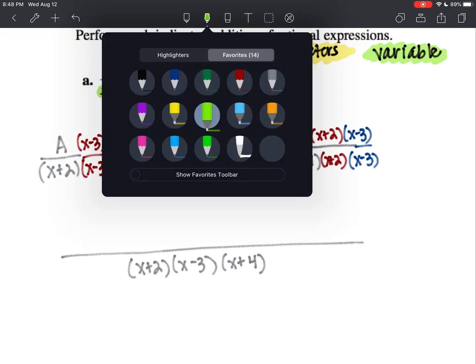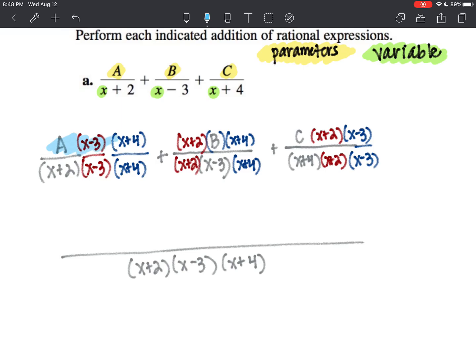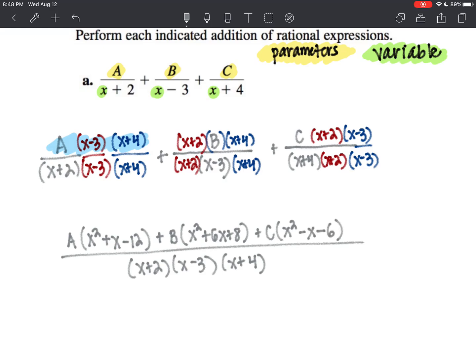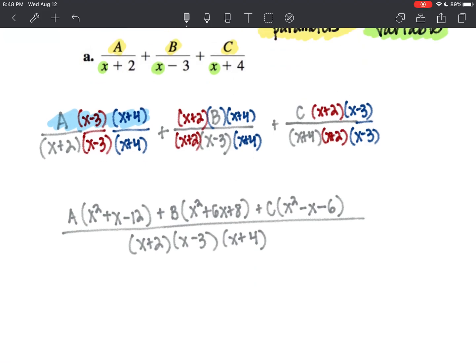I'm going to run out of highlighters here. Okay, this right here is a times the quantity x squared plus x minus 12. And then I'm going to have b times the quantity x squared plus 6x plus 8. And then I'm going to have c times the quantity x squared minus x minus 6. So I'm just foiling those very quickly in my head. I'm going to check my notes just to make sure that I got the same answer.